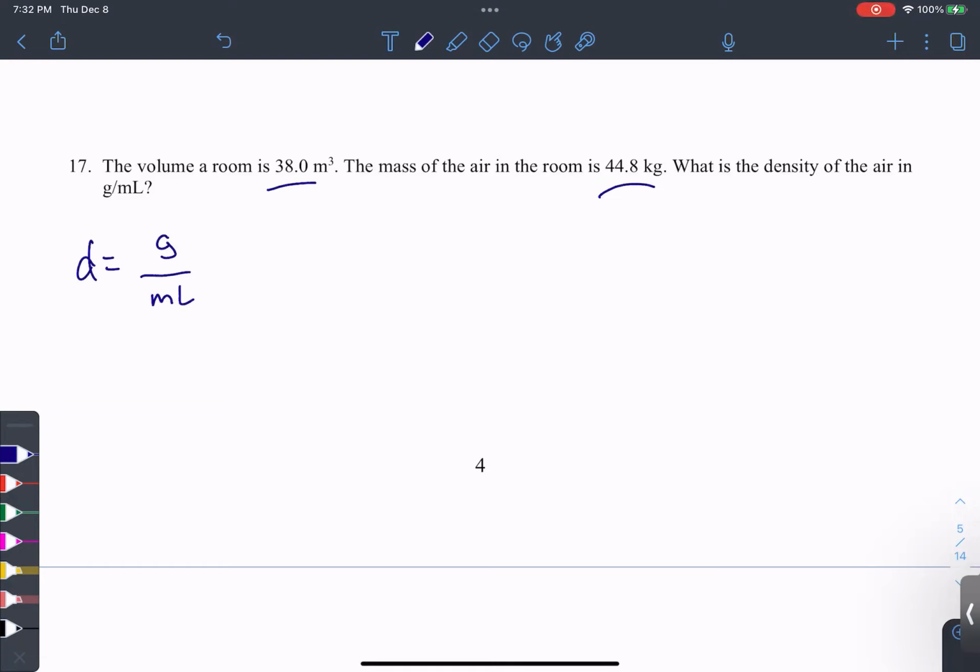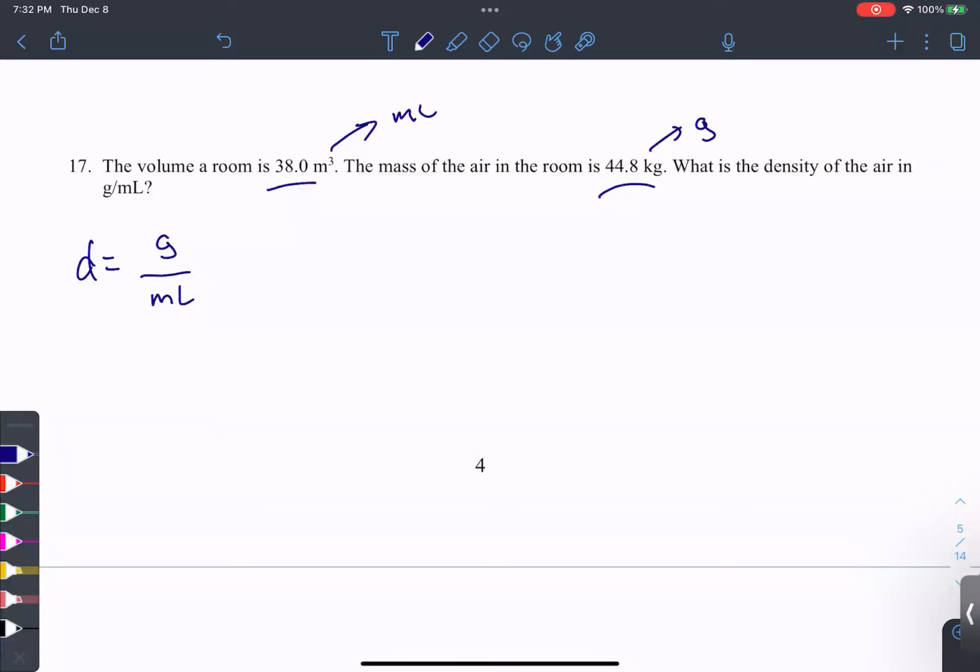But the problem is, was mass given in grams? No. Was it given in milliliters? No. So I need to convert meters cubed to milliliters. And I need to convert kilograms to grams. That one seems easy, right? So let's do the easy one first.